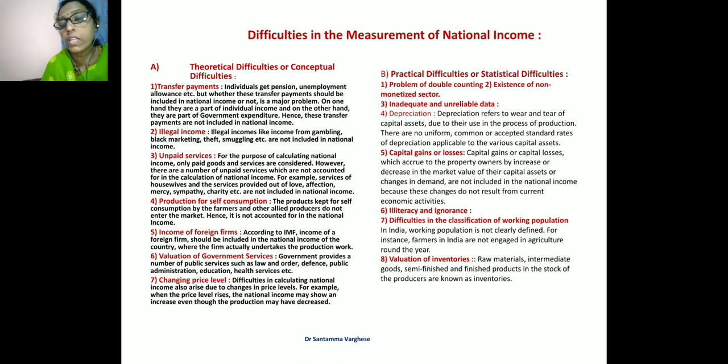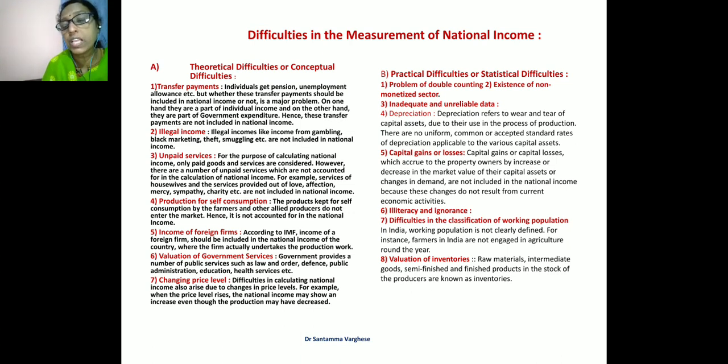The pensions, unemployment allowances, etc. It is very difficult to calculate, because whether it should be included in national income or not is a major problem. On one hand they are part of individual income, on the other hand they are part of government expenditure. So these transfer payments are not included in the national income.